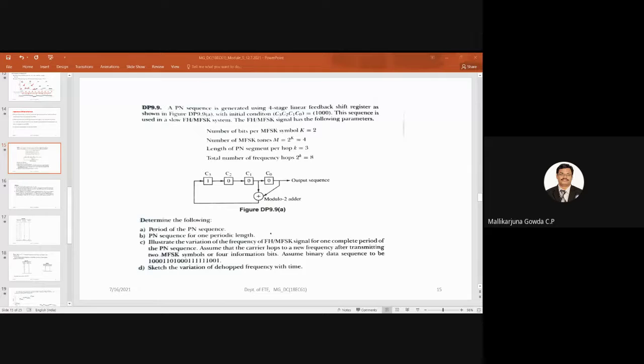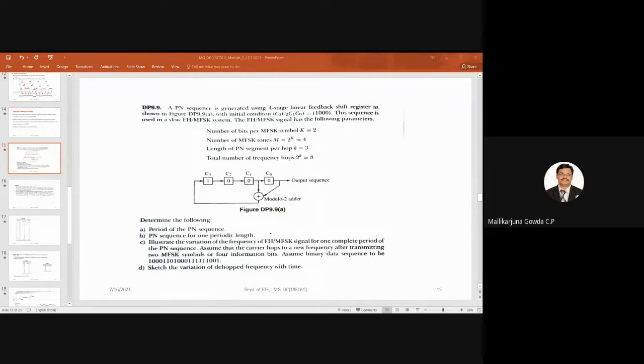The PN sequence for one period length, I already told, is 000, 100, 11, 01, 0, 4 ones.